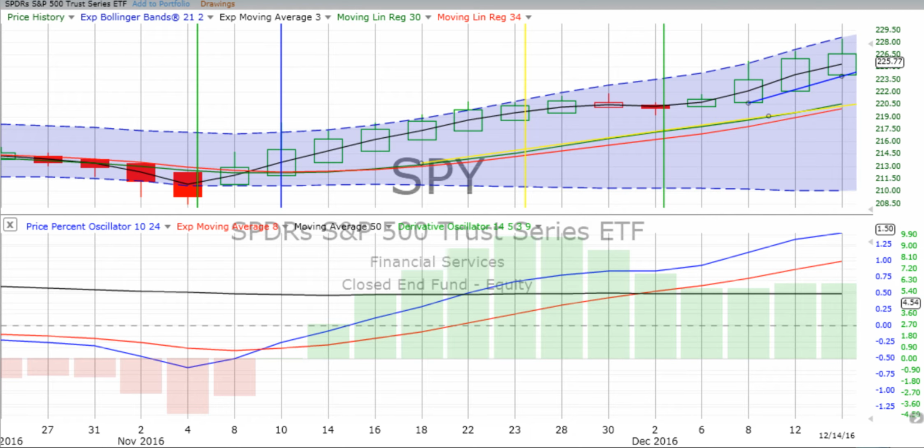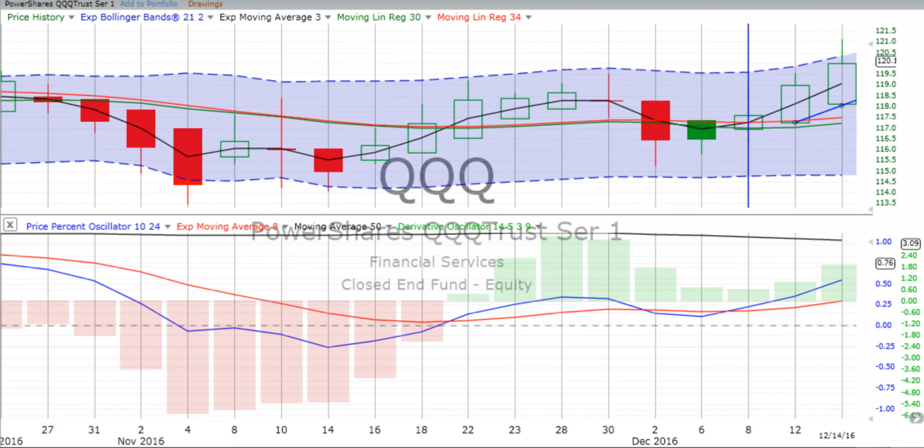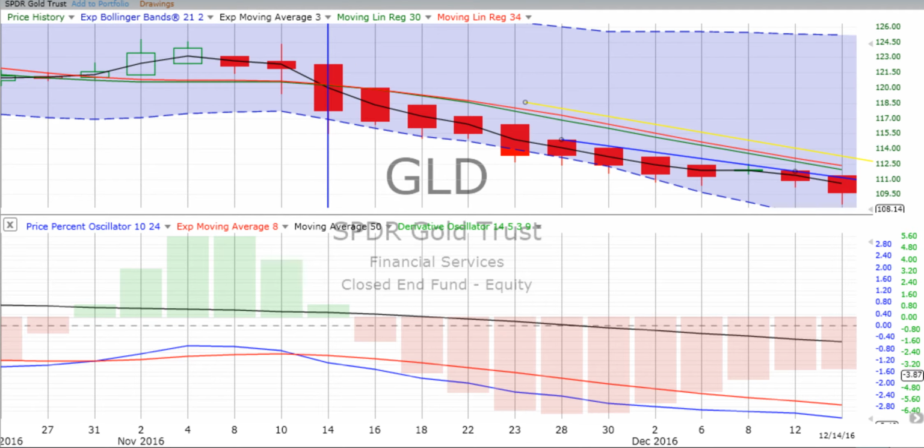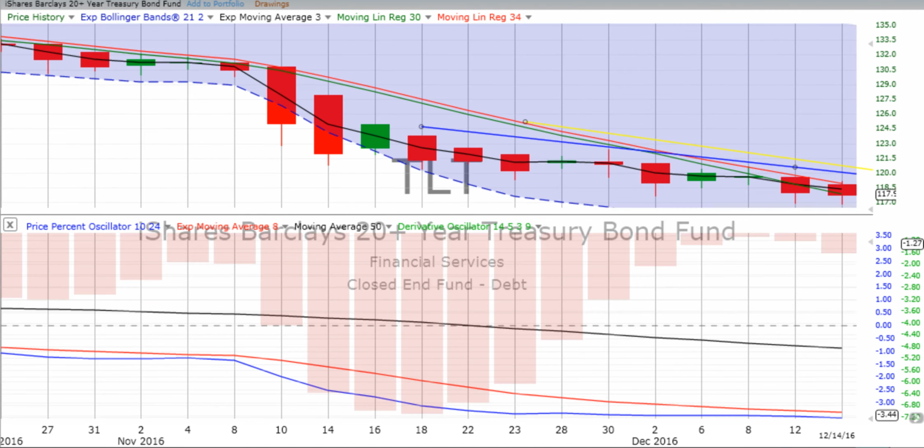We cover the S&P 500. We cover the Qs, which is the NASDAQ 100, the tech stocks. We cover gold, as depicted by GLD, another exchange-traded fund that tracks gold at 10% of the price of gold in the market. And we cover the 20-year bonds.